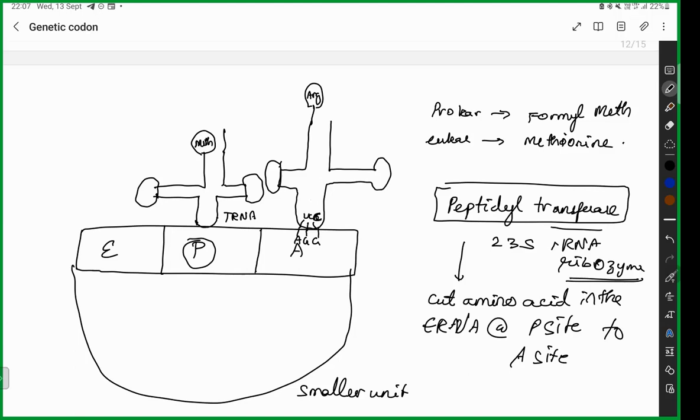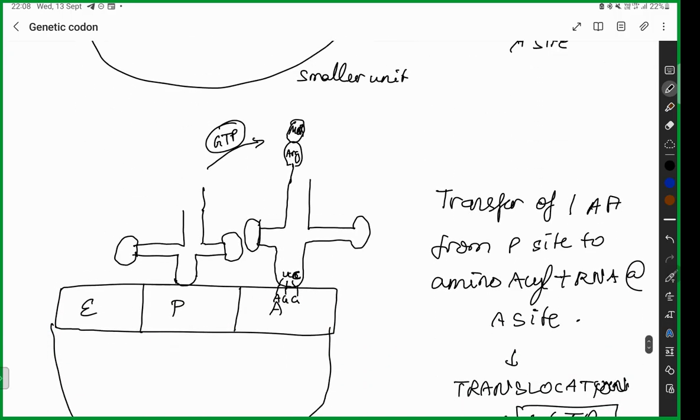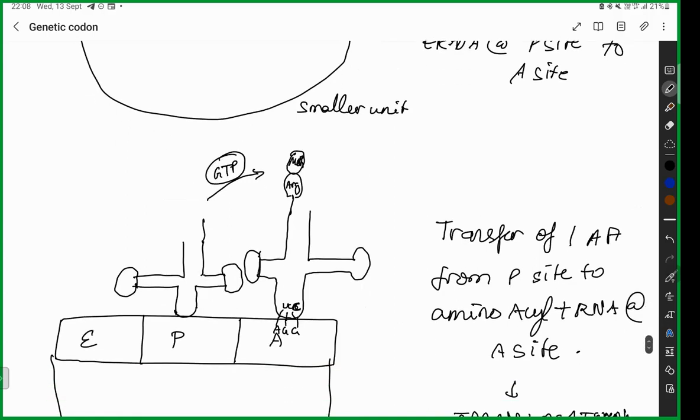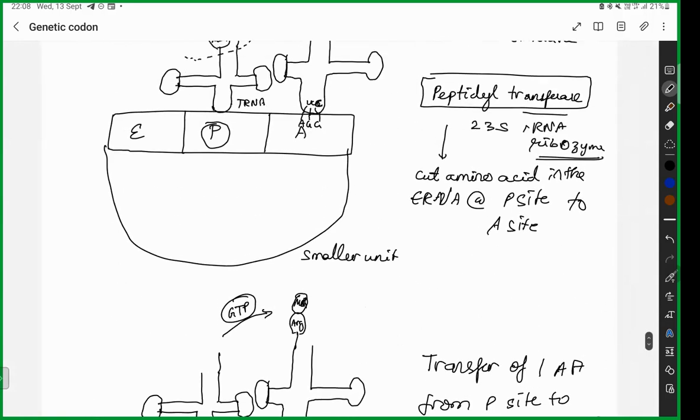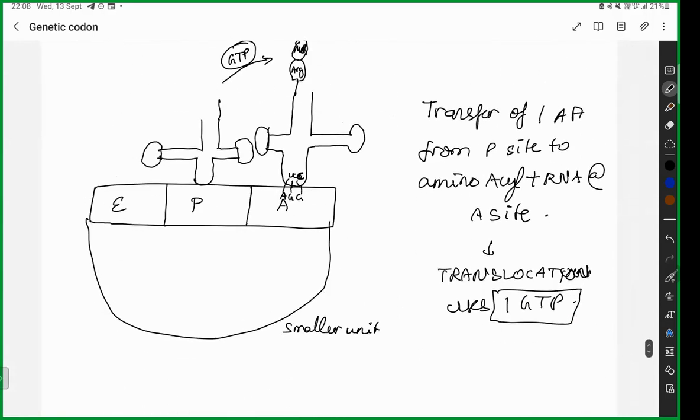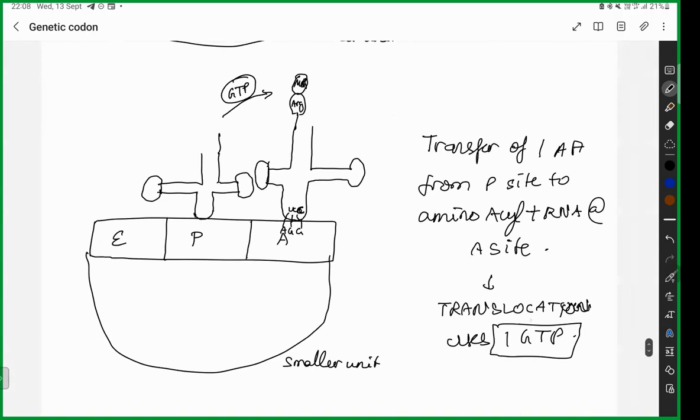Now you are going to cut this amino acid from the tRNA present in the P site and transfer it to the A site. This transfer requires a GTP again. What is this process called? The transfer of the amino acid from the P site to the amino acid tRNA at the A site, because of the action of peptidyl transferase, is called translocation.